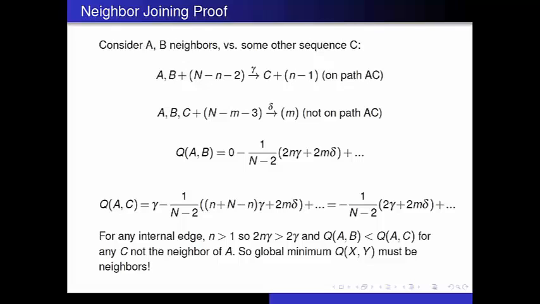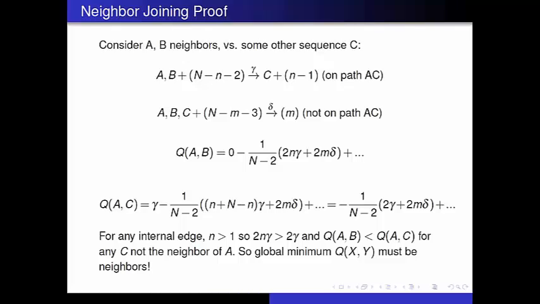So the first thing I want to point out is that for any edge delta that is not on the path from A to C, just like the external edges, it contributes the exact same amount to QAB and QAC, okay? So basically, it doesn't matter in our selection of which Q. And actually, this is a more general case of the external edge argument that we made before.